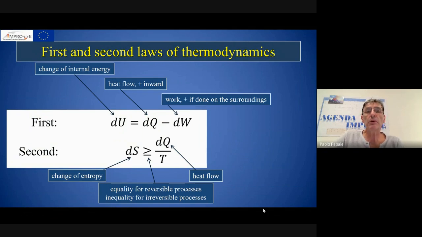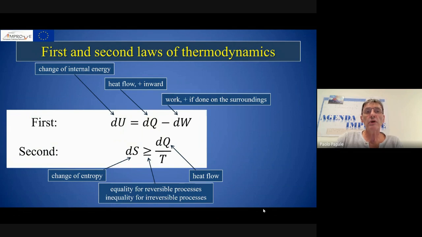In the simplest possible words, the energy of a system increases if other energy is added to the system, and it decreases if part of it is spent by the system. That's all we need to know of the first law of thermodynamics.